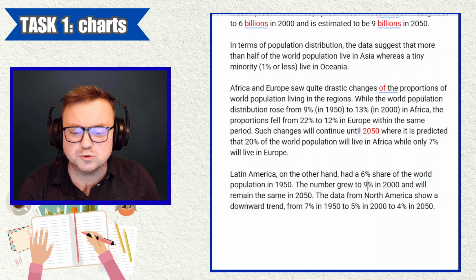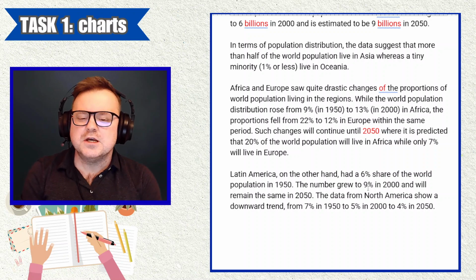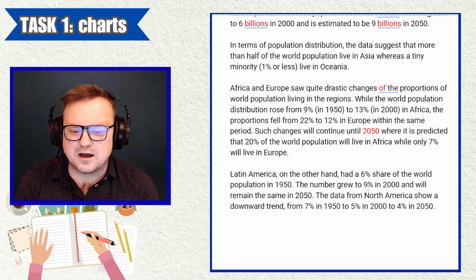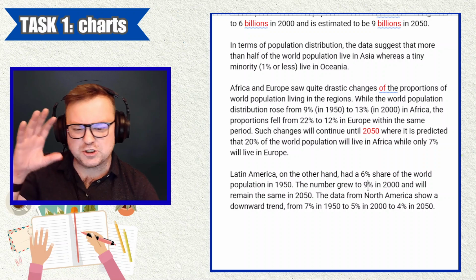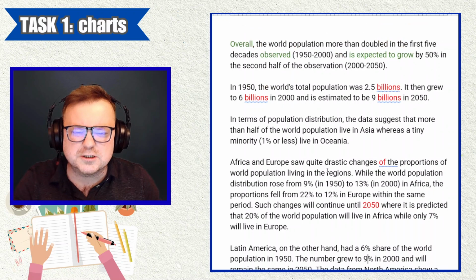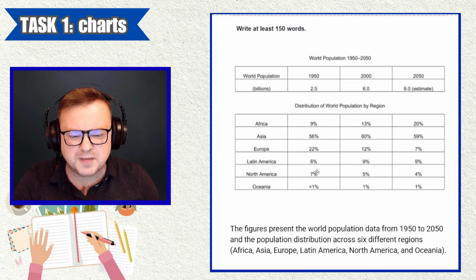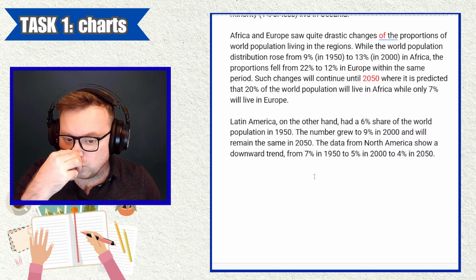We only want two key features, really. In most cases in IELTS academic writing task 1, we want to select two key features. Now those two key features can cover quite a lot of stuff, but we're always looking to break it down into two main things. We don't really have enough words to talk about all of the details.